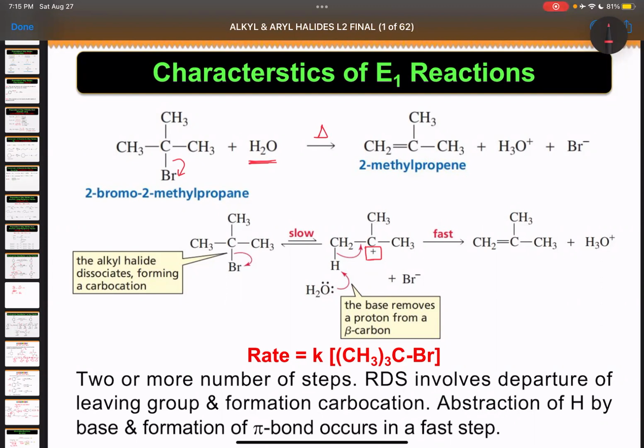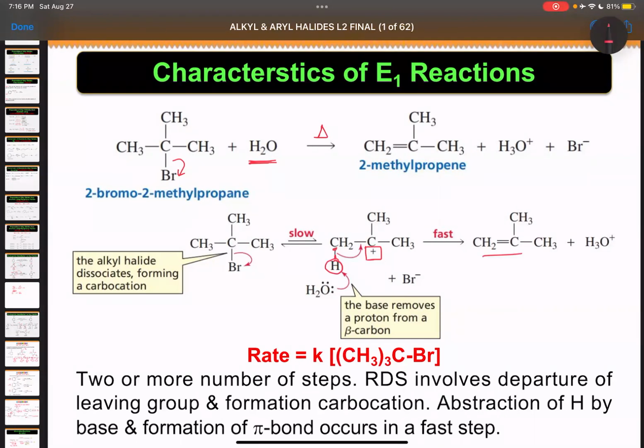So what happens here is the H plus is removed from the carbon atom adjacent to the carbocation, so the electrons by which the H was connected to the carbon can get between these two carbon atoms, the cation and the carbon from which the H is removed, and they form a double bond.